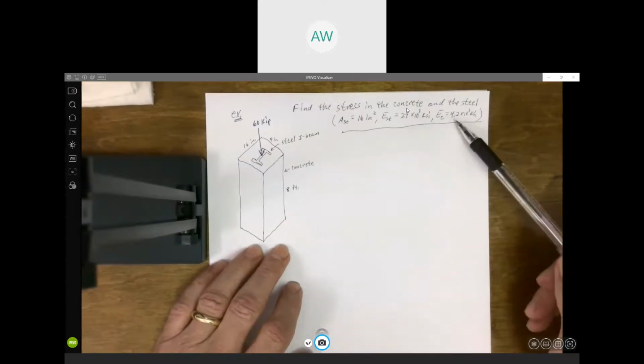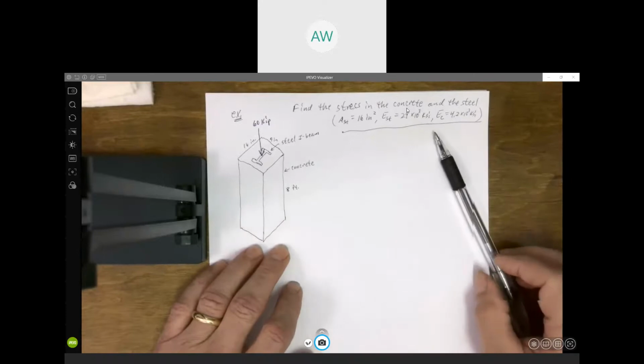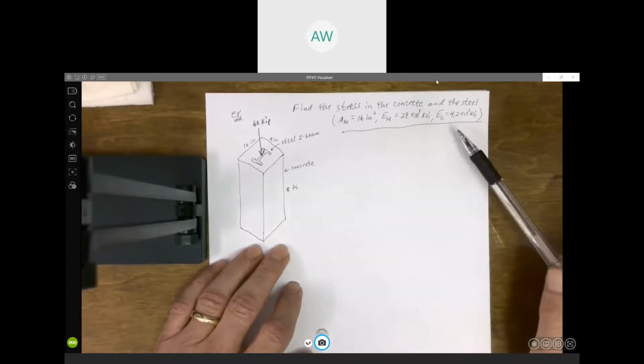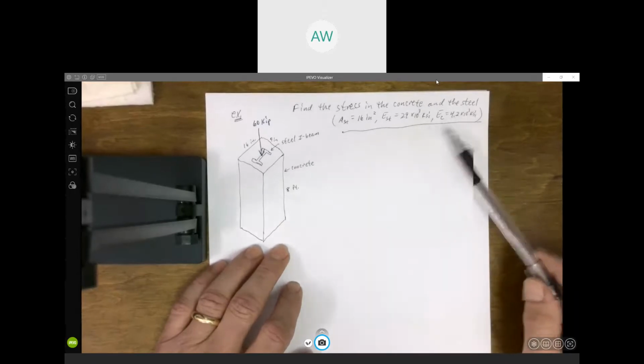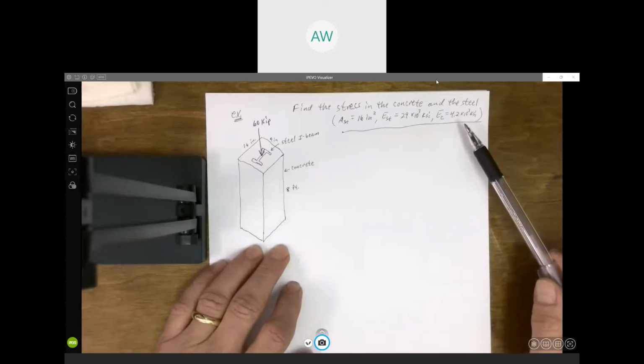And typically, when you see modulus of elasticity, it essentially equates to the strength of that material. See, the modulus of elasticity for the steel is much larger than the concrete. The steel is a lot stronger than concrete. In fact, concrete is really only good in compression. The strength in tension is essentially zero.